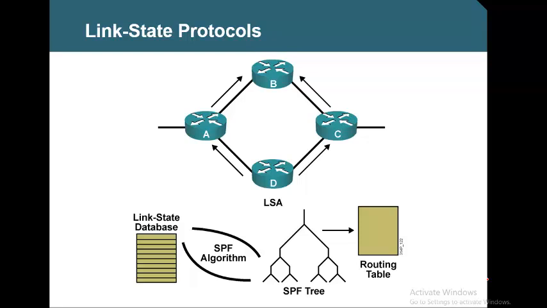When a new update comes, it comes with a sequence number. So a receiving router will compare the existing sequence number from the neighbor with the incoming sequence number. When the incoming is higher, the receiving router will update its database with the incoming update.